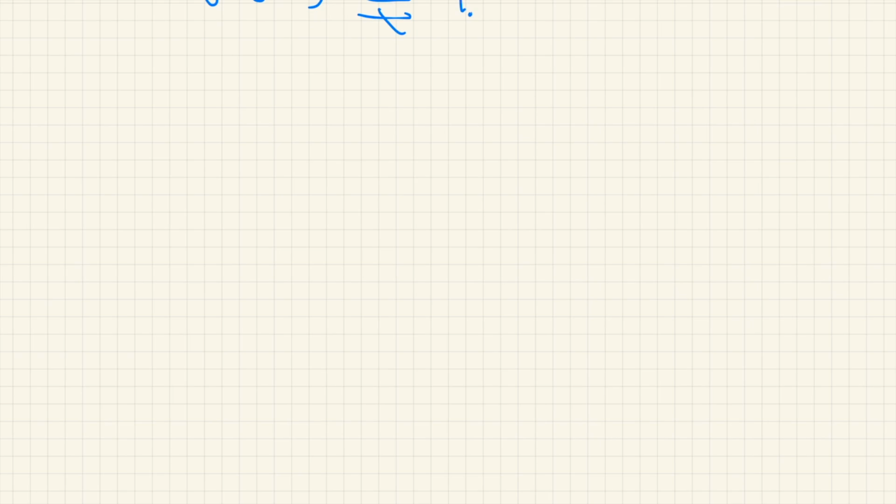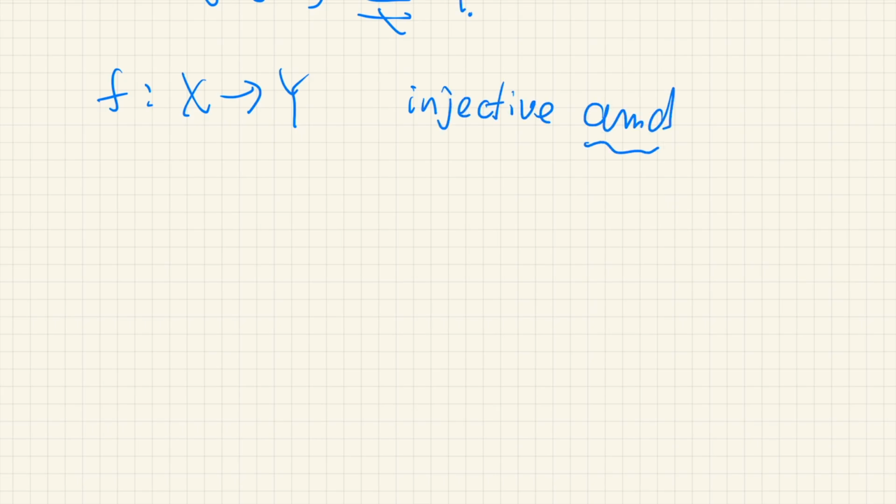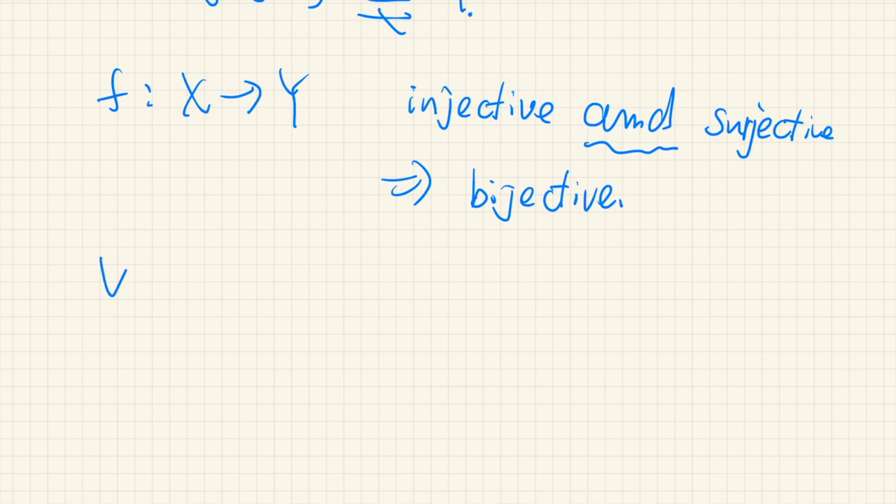They can coexist. So if a map is both injective and, at the same time, surjective, then we say the map is bijective. So what this means is that since it's surjective, for every element in Y, there exists some x in X such that y is equal to f of x.